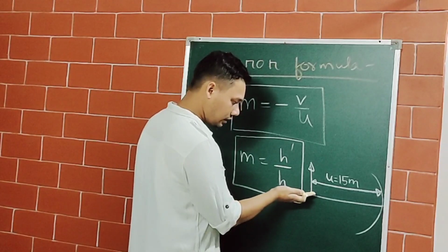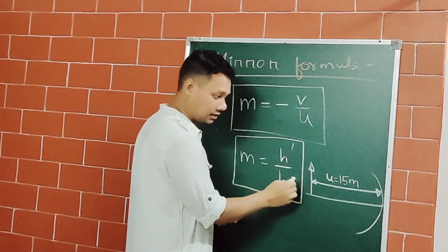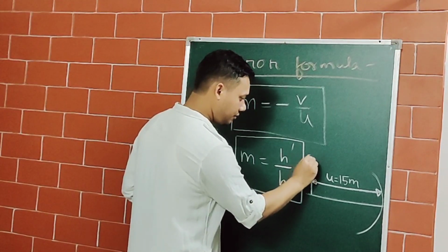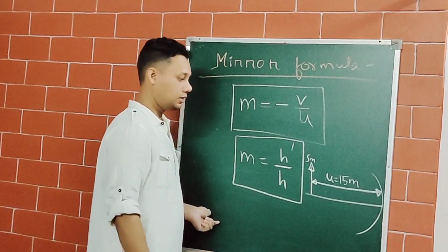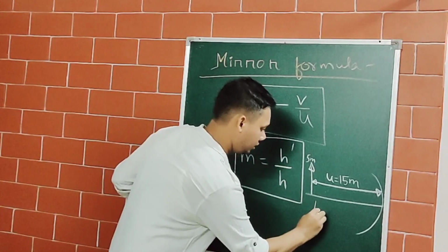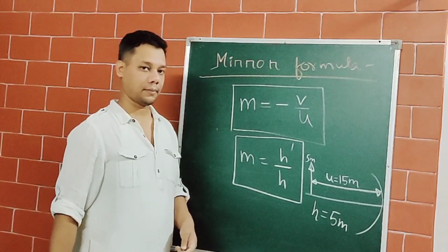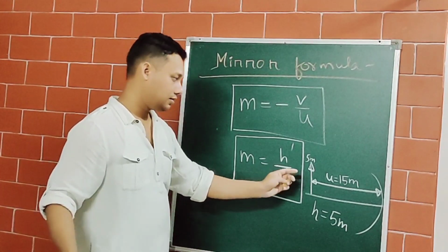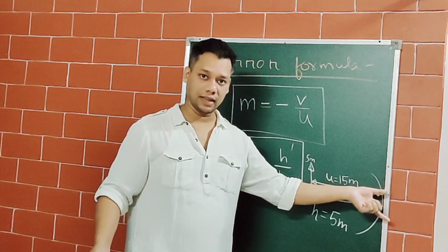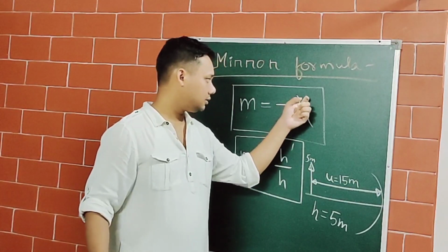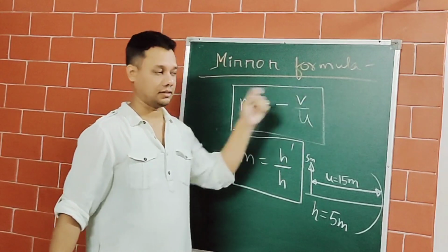Suppose this object is 5 meter in height. So here h is equal to 5 meter. Similarly, the size of the image will be h dash and v is the image distance.